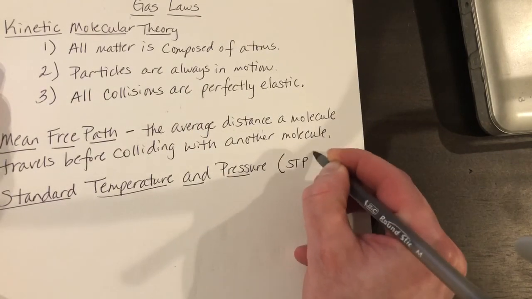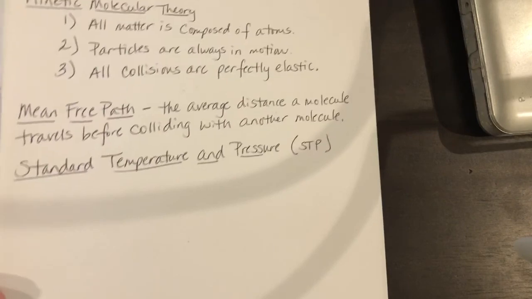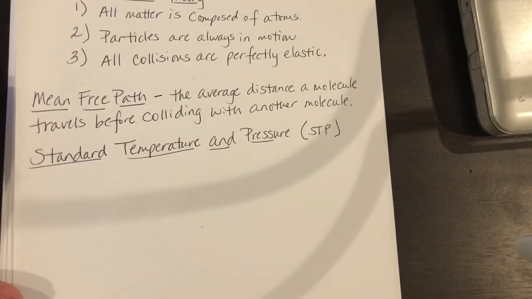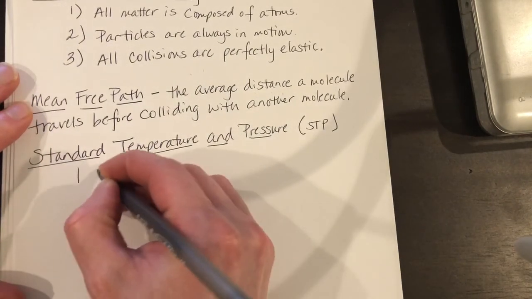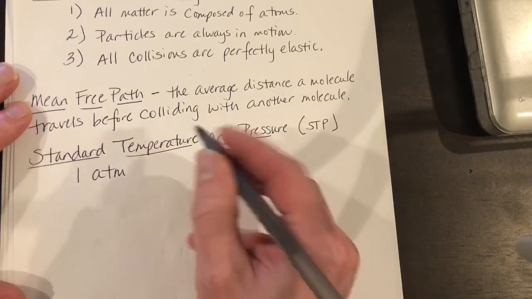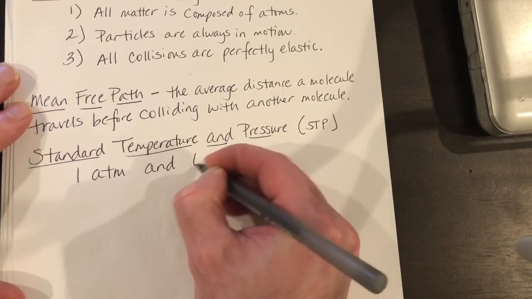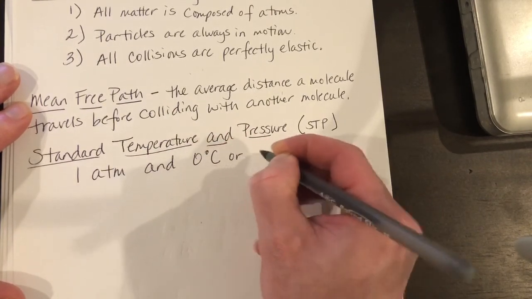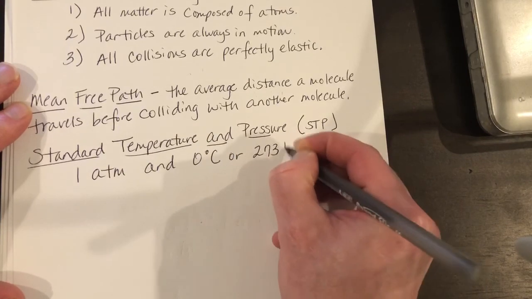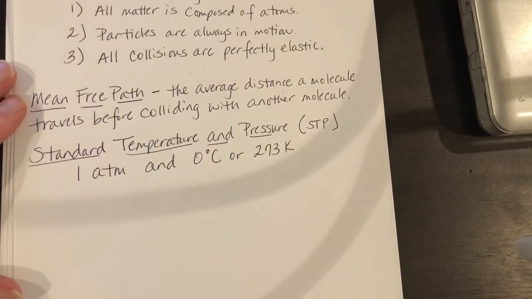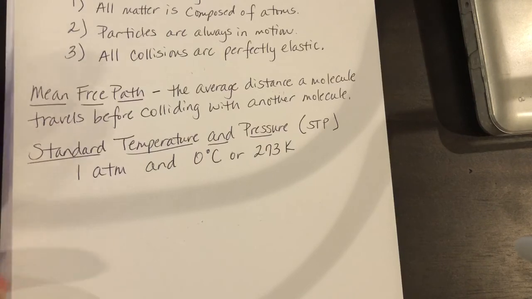So if you see that, it's STP. So standard temperature and pressure is 1 atmosphere, 1 ATM, and we're at 0 degrees Celsius or 273 Kelvin. Now, gas law problems, it's super important that you are always in Kelvin whenever you do your calculations. And we're going to go through how to do that in just a second.